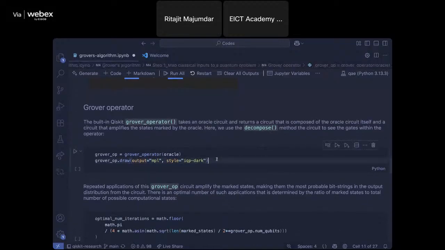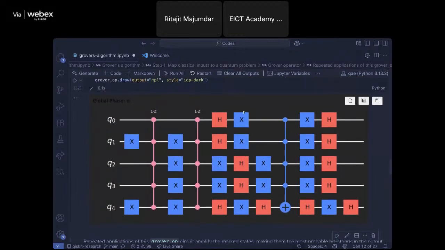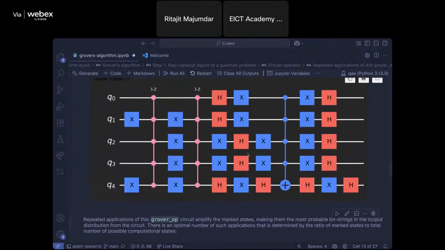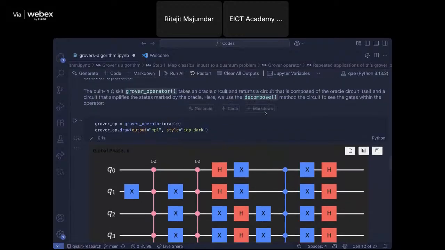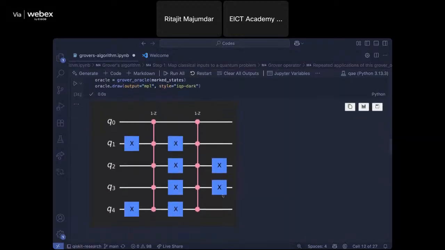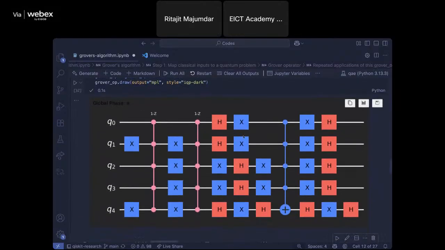Okay. So now if we look at the Grover operator, this is what the Grover operator looks like. Wait, let me minimize this. Yes, now I can see. This is my oracle. I put my oracle and then the equal superposition states and everything.